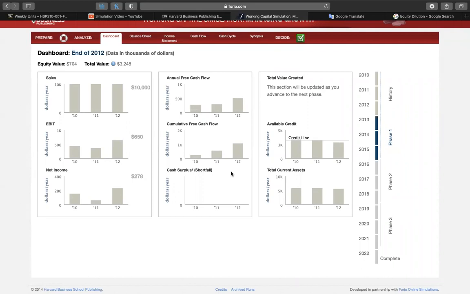So the simulation is pre-populated with the historical data for the fiscal years from 2010 to 2012. This is the history. It will help me to understand the current financial position of NC. We can see here we have a total value of $3,248,000.